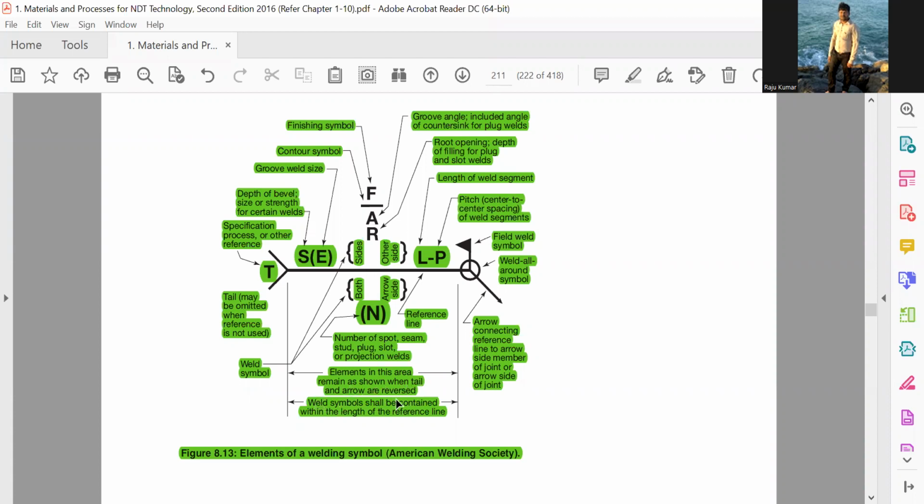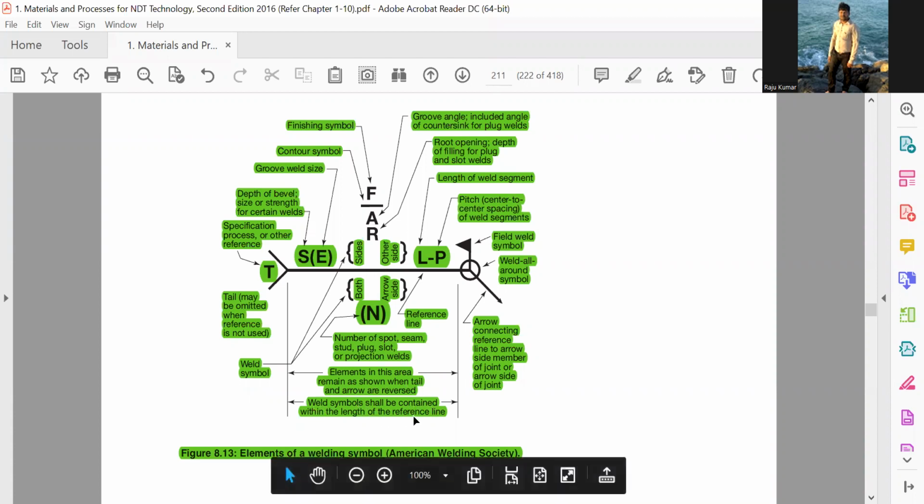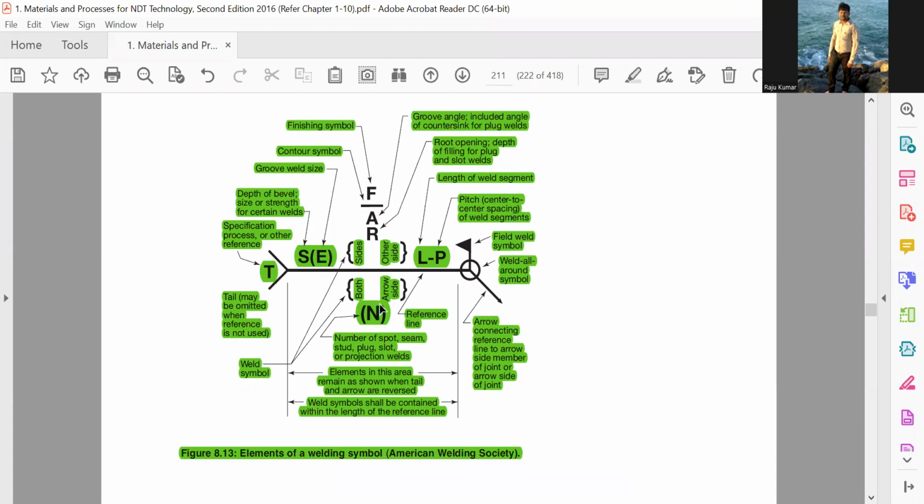Elements in this area remain as shown when tail of the arrow is reversed. Weld symbols shall be contained within the length of the reference line. So anything on the top is other side, bottom is the arrow side. This you have to remember.